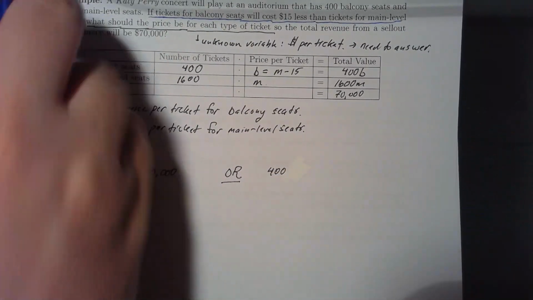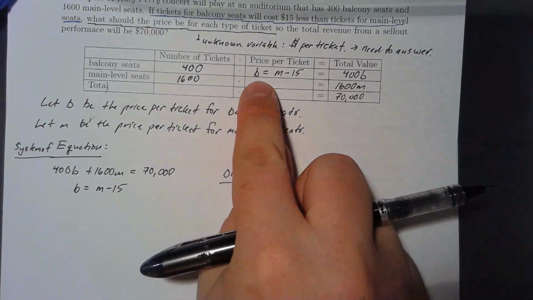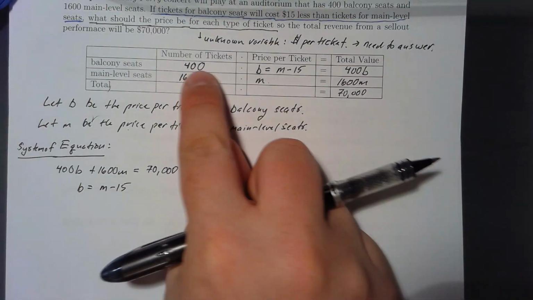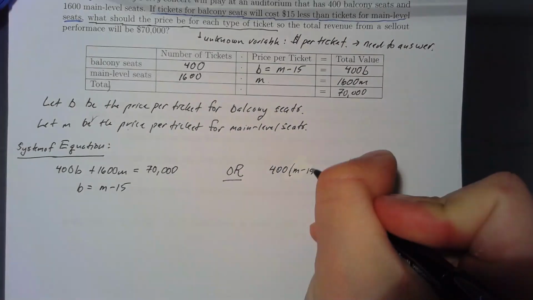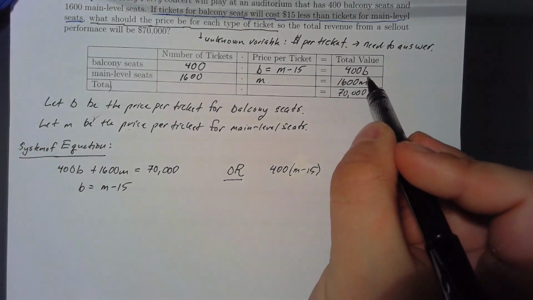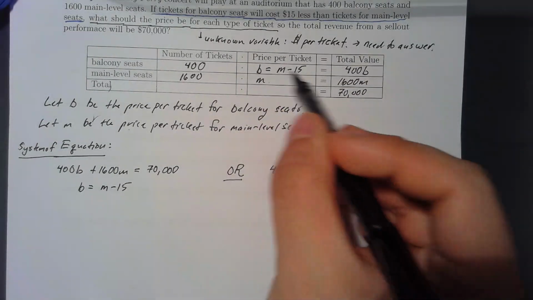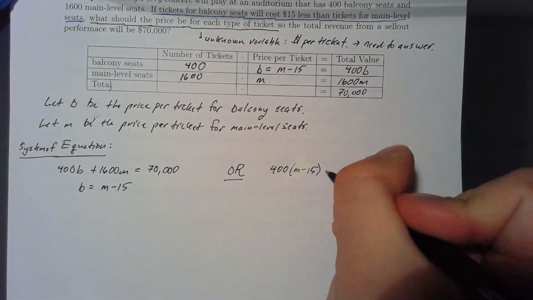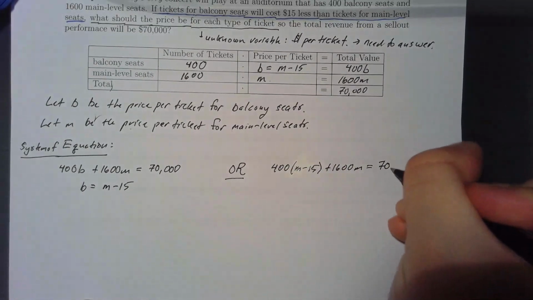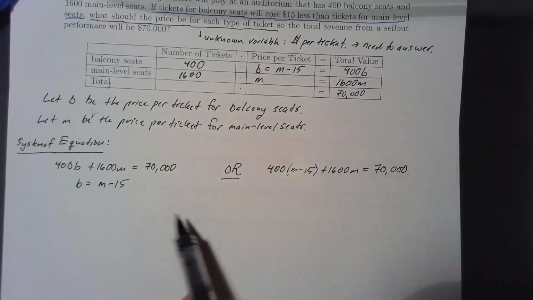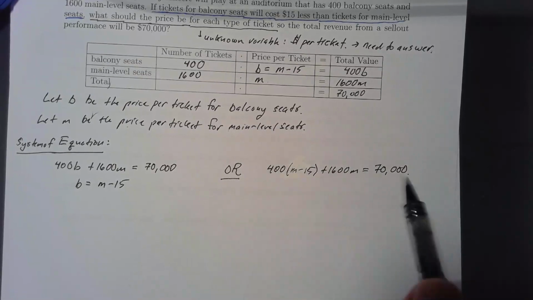Instead of writing 400B, you could write 400 times the quantity M minus 15. You could write it like that, right? And you just replace B right off the get-go. And then plus 1600M equals 70,000. You could do it either way. Either one is going to be fine.